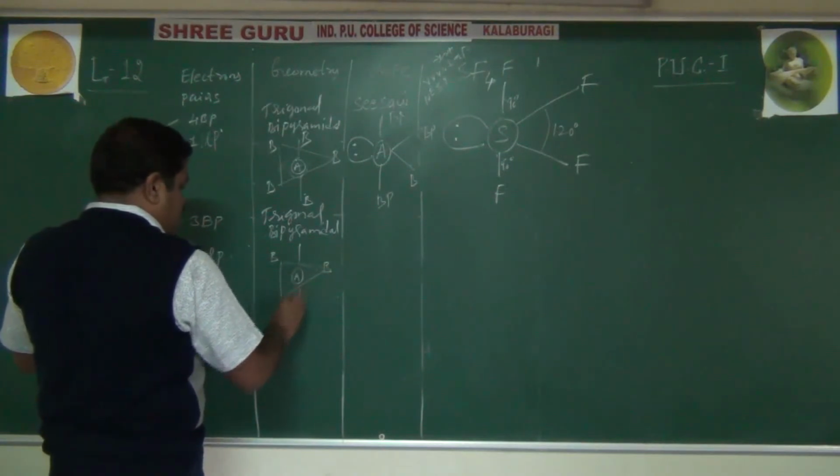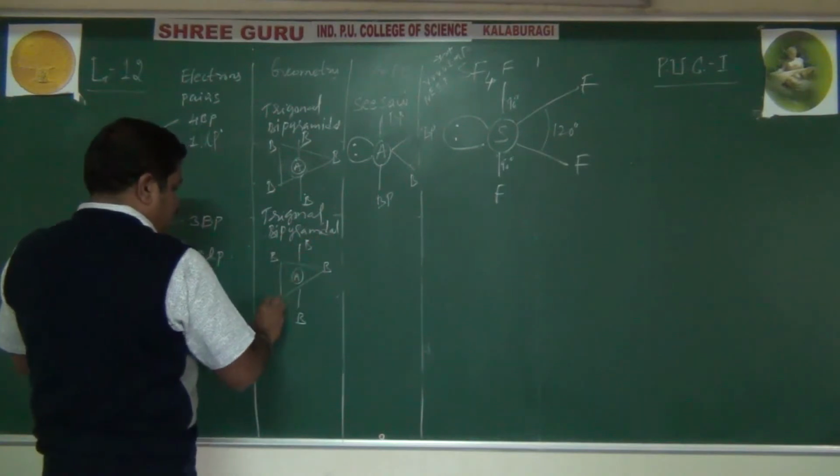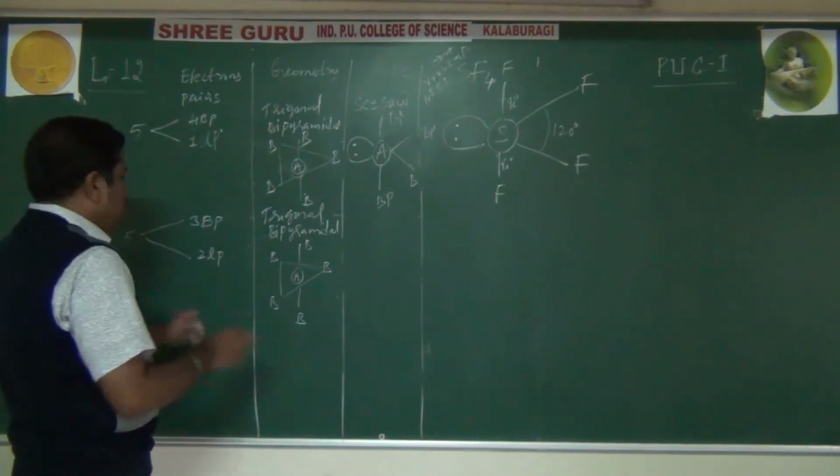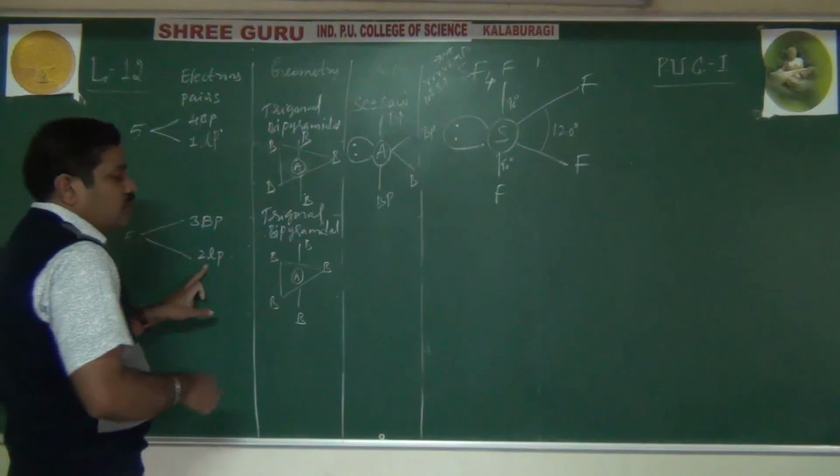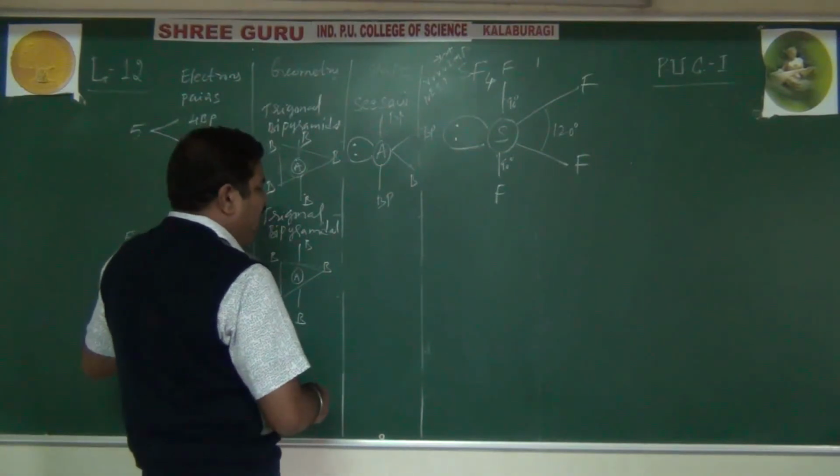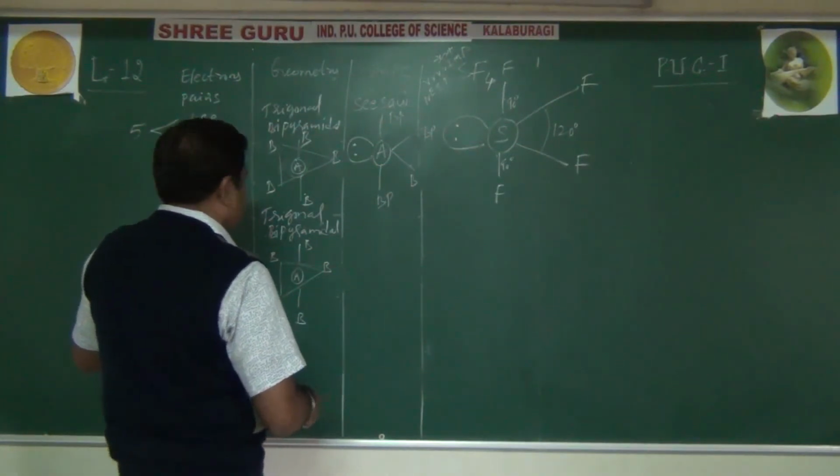Trigonal bipyramidal only. But with 3 bonding pairs and 2 lone pairs, how do they arrange?